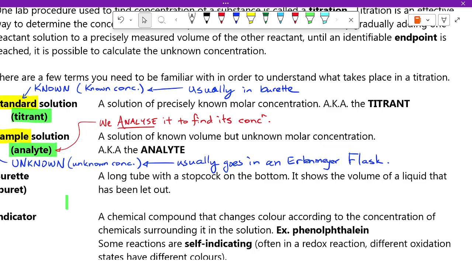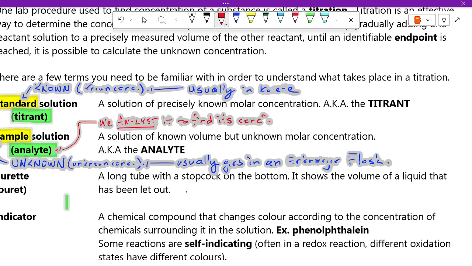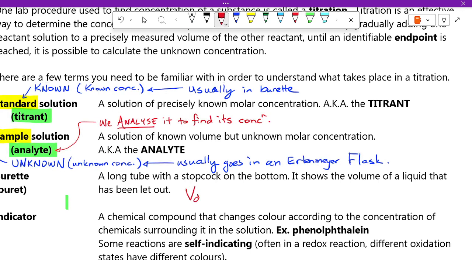You measure the initial volume and the final volume, and the volume dripped out is the final volume minus the initial volume.